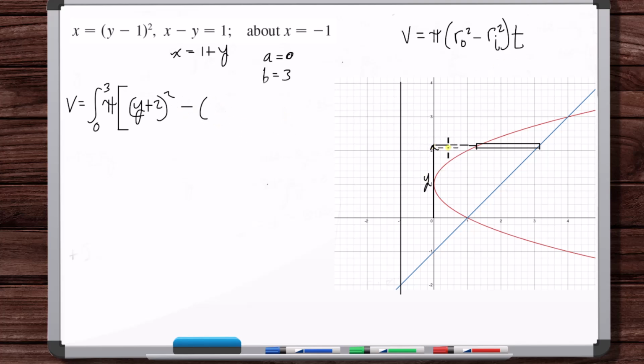What's the inner radius? It's this distance here. That's going to be y minus 1 squared, that value, you plug in y, so y minus 1 squared, and then plus 1 squared. Let me change these brackets so you can see this. dy.